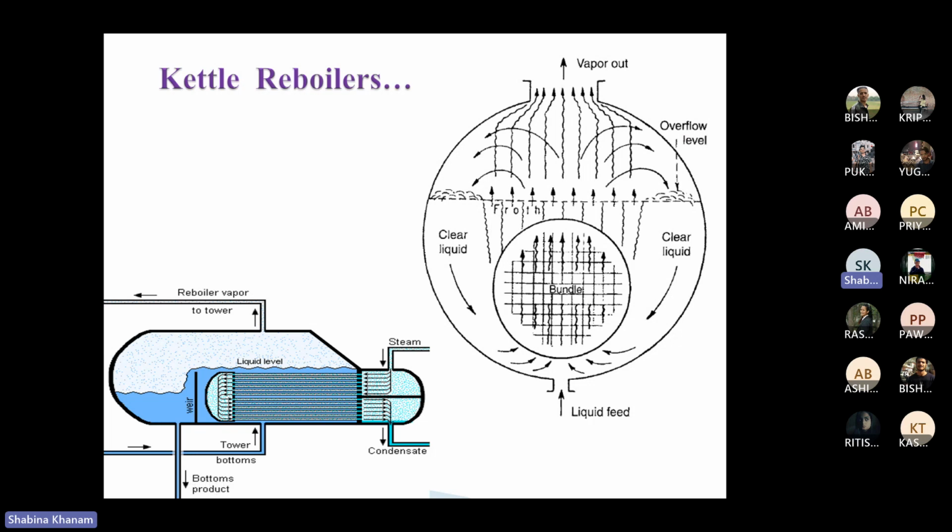And you understand that when we calculate the equivalent diameter for the shell side for this type of bundle, the shell side equivalent diameter would be lesser than the ID of the tube. I hope you are getting it. It means less space is available in the shell side in comparison to the tube side. So what happens when the vapor generated at the bottom starts moving upward?